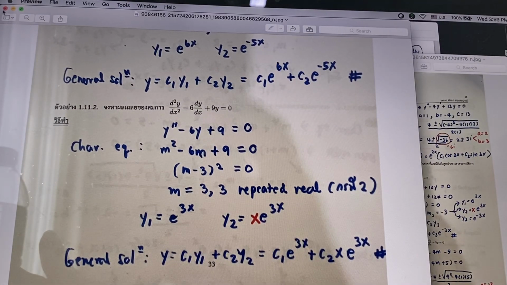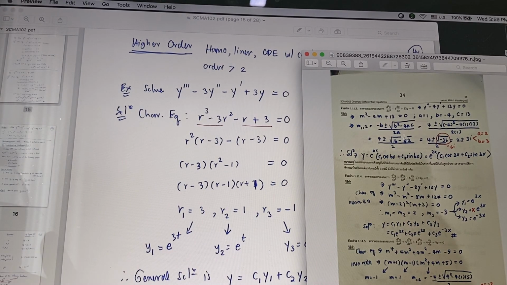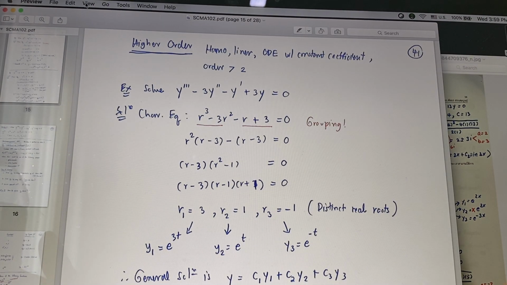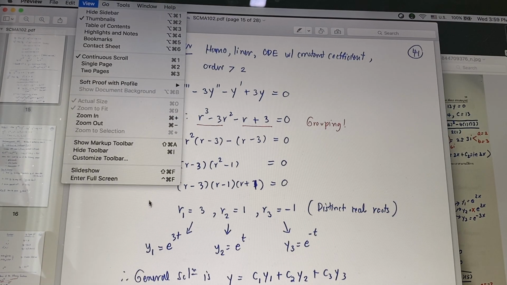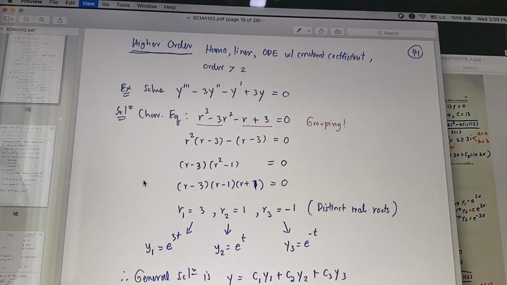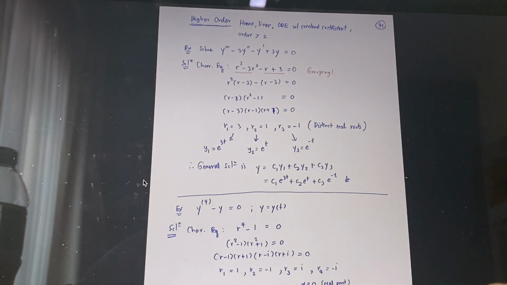Okay, before we see more examples, let's come back here a little bit. Okay, here we go.